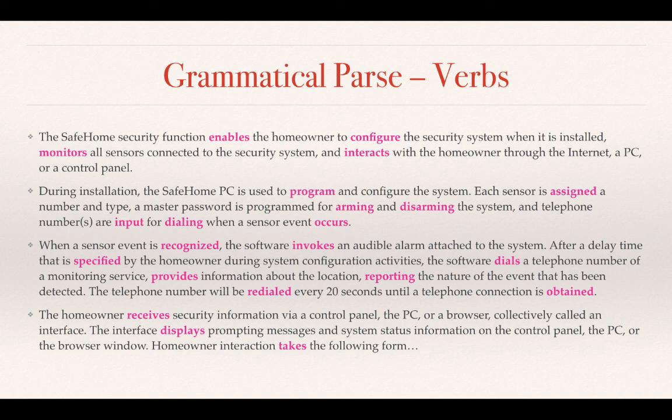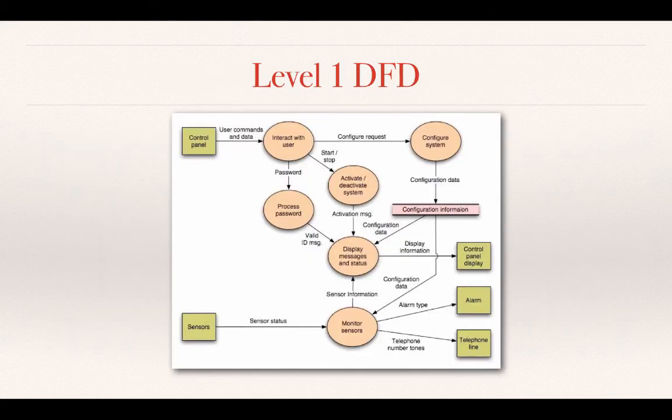Let's take a look at an example level 1 diagram, and I'll talk about what I mean by that. Okay, here's the level 1 data flow diagram. What we've done here is refine the single bubble in the DFD context diagram. And remember, the context diagram is another name for the level 0 data flow diagram.